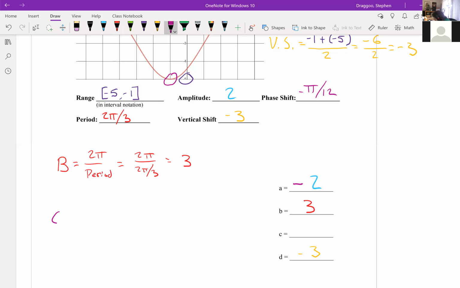And then C is equal to B multiplied by the phase shift, which is 3 times -pi over 12, which simplifies to -pi over 4.